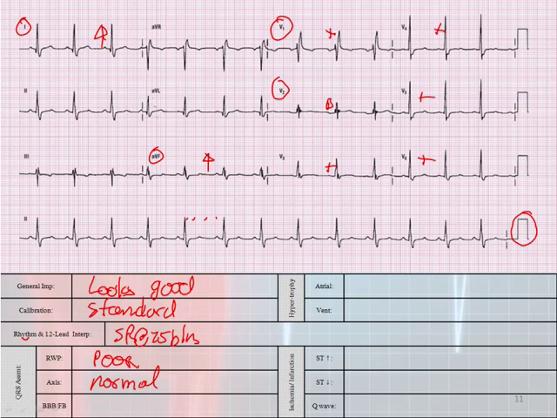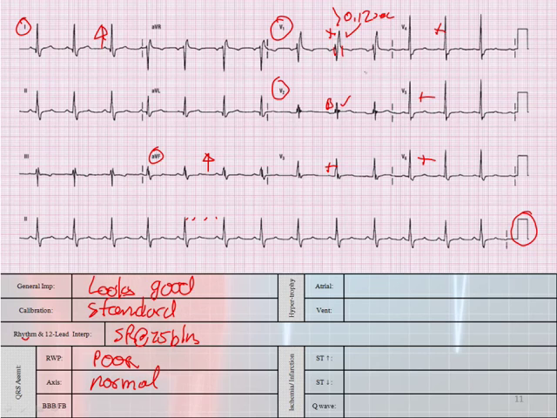You don't look at the hexaxial leads to determine bundle branch blocks. You have to look at V1 and V2. So, do I have an RSR prime in V1? Yes, I do. I actually have it in V2 also, but all I need is one of them. So I have an RSR prime in V1. I have a QRS that is greater than 0.12 seconds.